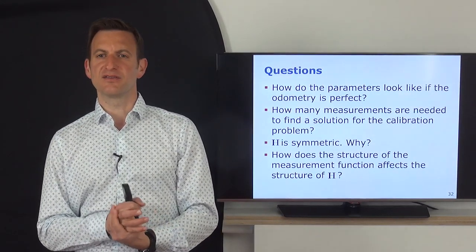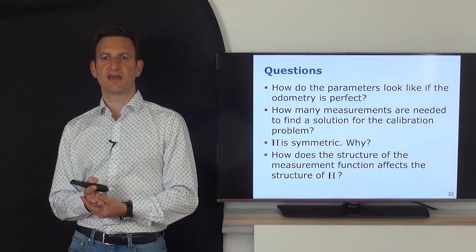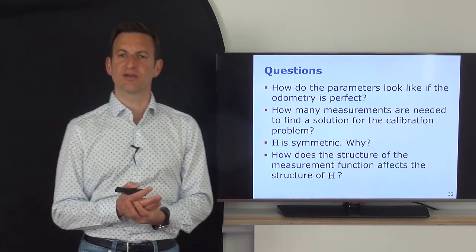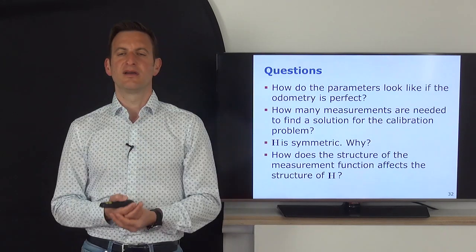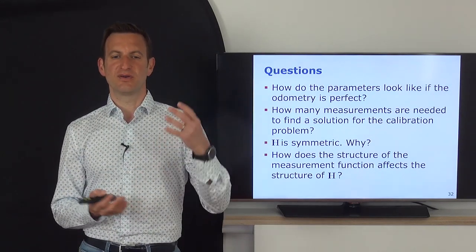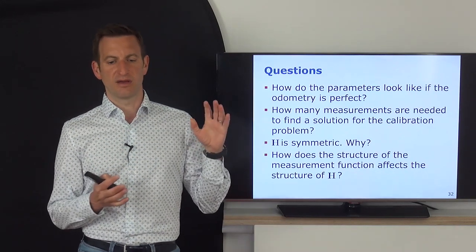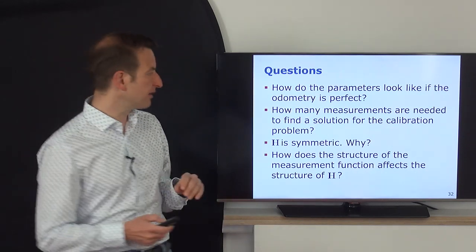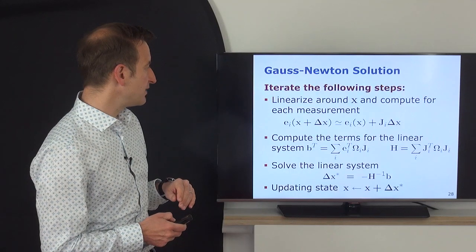The next thing is, this matrix H is a symmetric matrix. Why is this actually the case? Any ideas why H is a symmetric matrix? Of course, I answer this question now for you. It's because of the way H is constructed from the Jacobians. Let's go back so you can see it better. How was H set up?